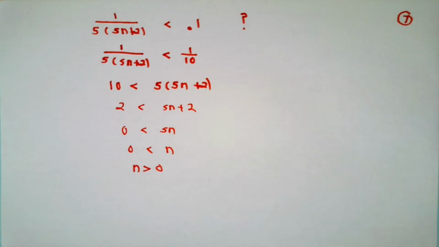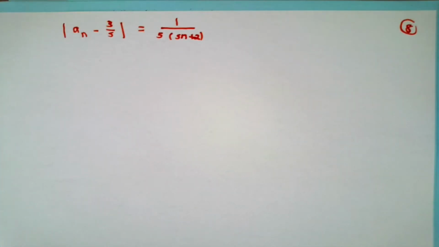So the answer to the question, can I make the distance from a_n to 3/5 less than 0.1 by making the index big enough, is certainly yes. Just make the index 1 or more, and that will do the job.